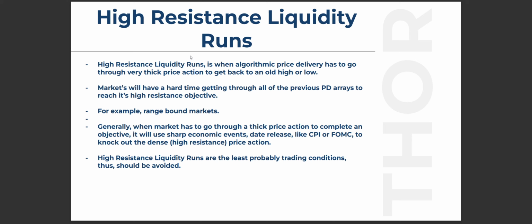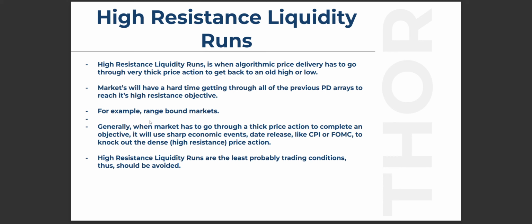High resistance liquidity runs are basically when algorithmic price delivery has to go through a very thick price action to get back to an old high or old low, right? And we saw this actually today. I'll show that as an example also at the end of this presentation. Markets will have a hard time getting through all of the previous PD arrays to reach the high resistance objective.